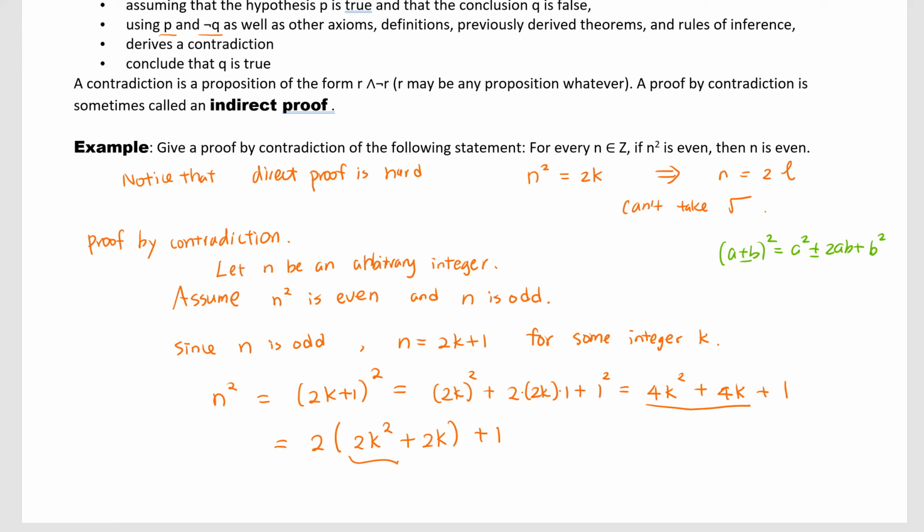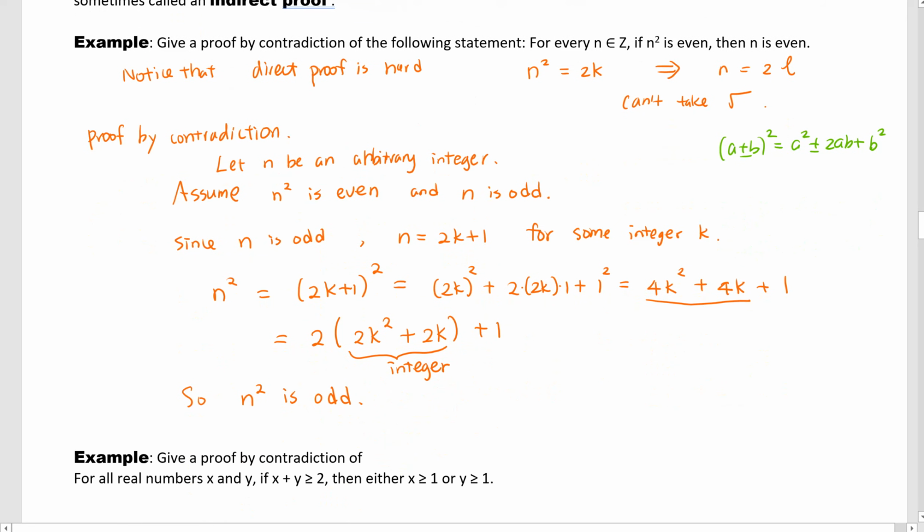So far, so good. Now this is an integer. We have shown that n squared is 2 times an integer plus 1. So by definition, n squared is odd. Do you see something? We get a contradiction.